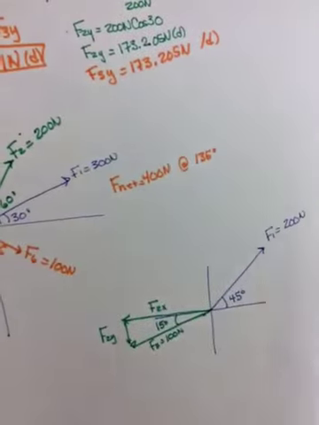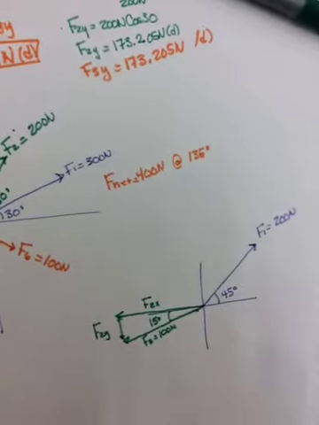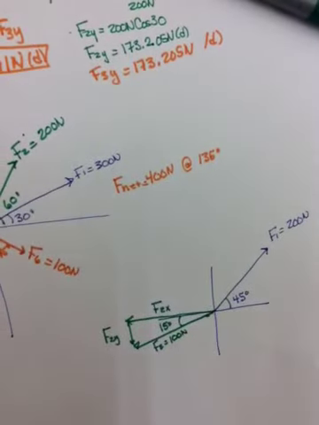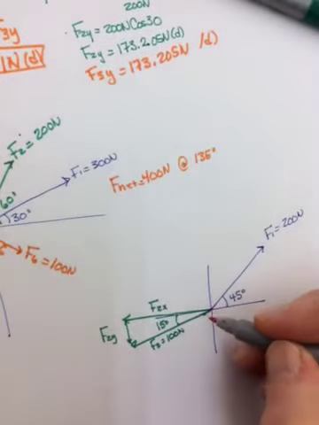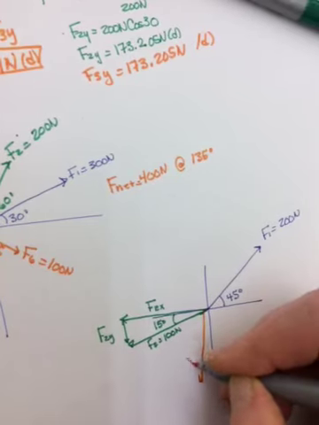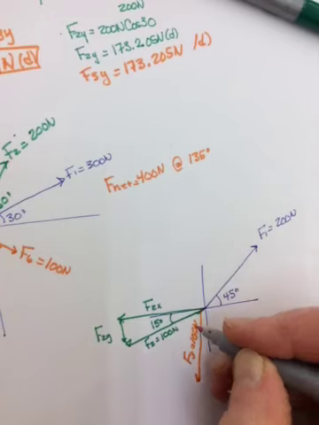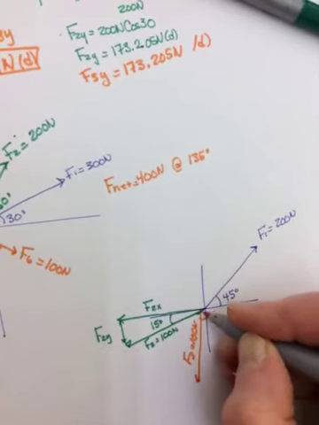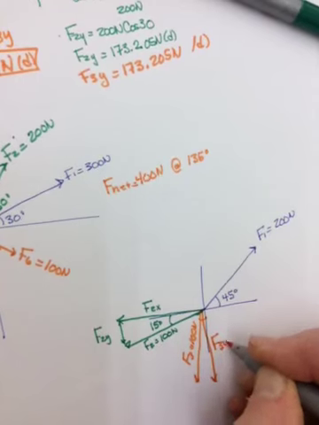Okay? And then the third one is 100 newtons acting at 255. And 255 would be down here. So this is F3, 100 newtons. 255 makes this angle in here. So this would be your F3y.